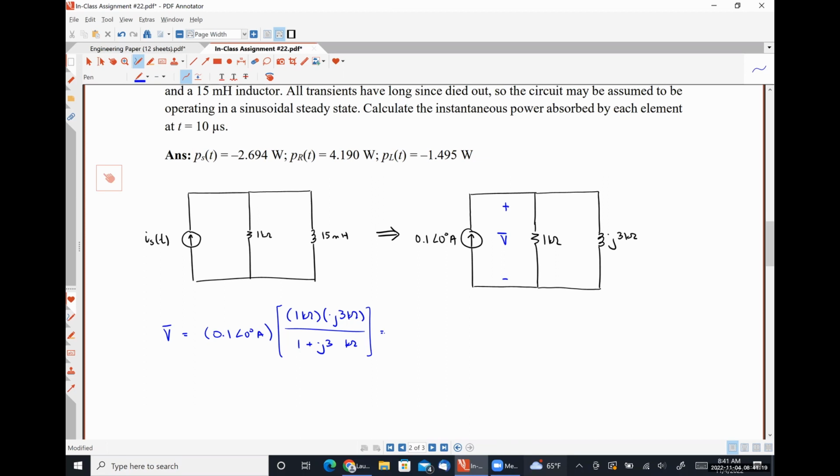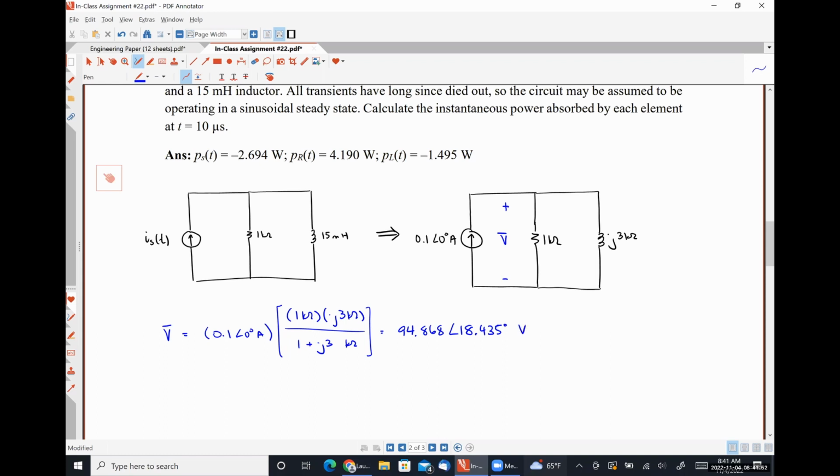So 1 times 3i over 1 plus 3i times 1,000 times 0.1 gives 94.868 angle 18.435 degrees.